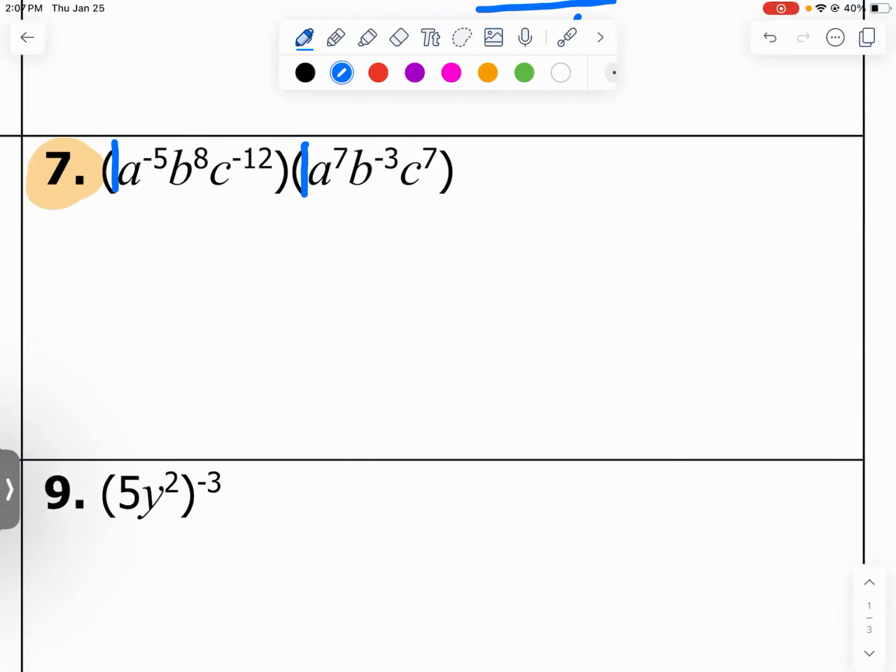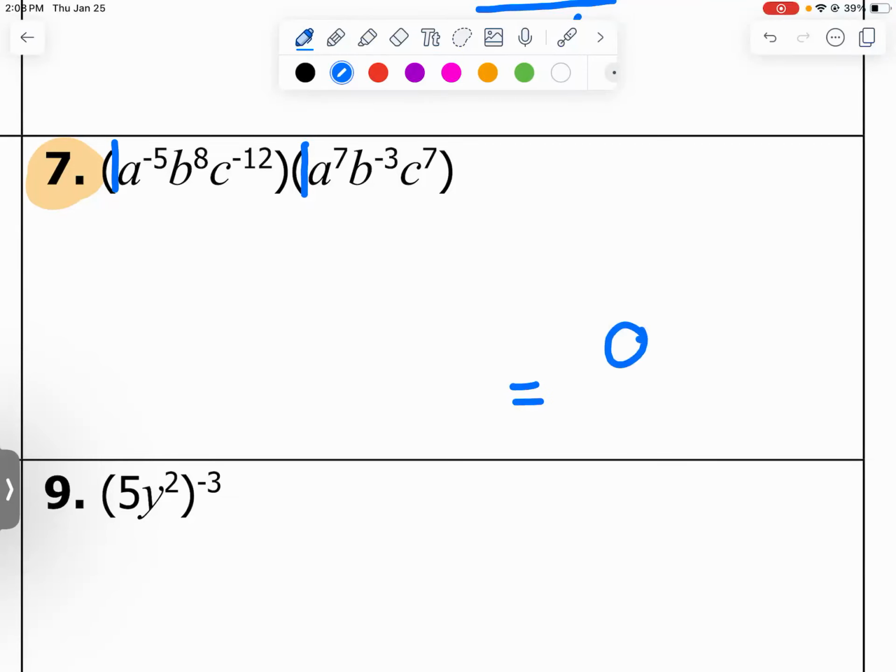All right, so I was clarifying something for a couple of our classmates here. If there is not a number in front of your variable, it's just an implied 1. So we have 1 times 1, which is 1. Who said 2? 3. Okay, so Kari and Reese, what did you get for your answer on this one?